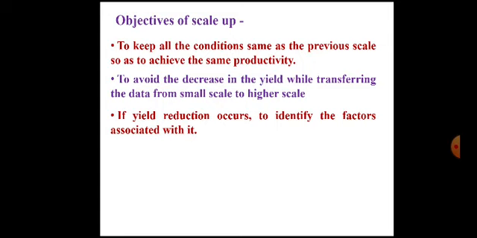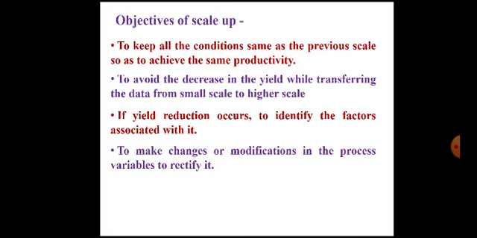So if the yield reduction occurs, the further objective is to identify the factors or parameters which are associated with causing the decrease in yield. And fourth one is to make the changes or modifications in the process variables to rectify it.